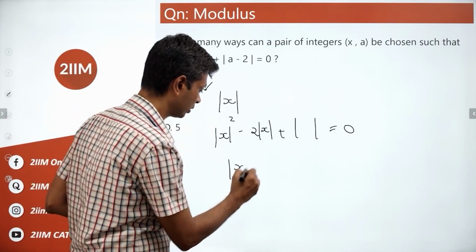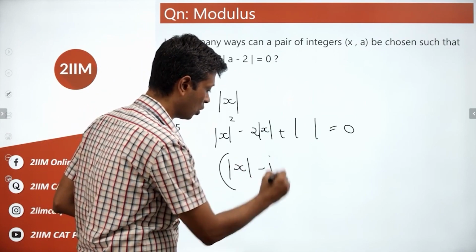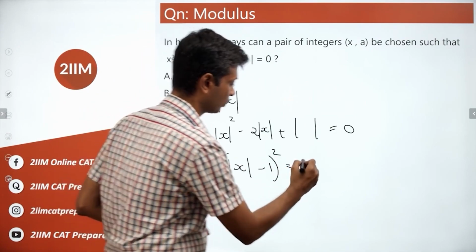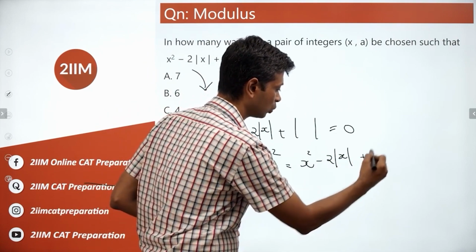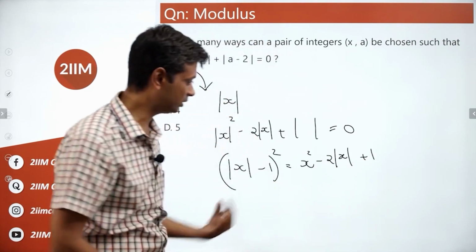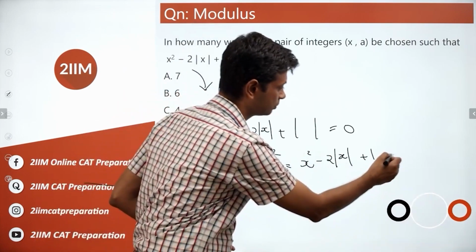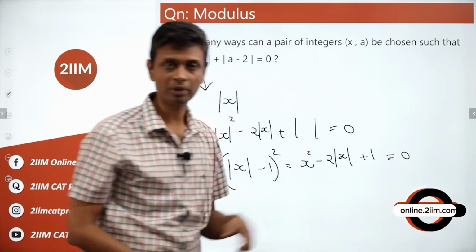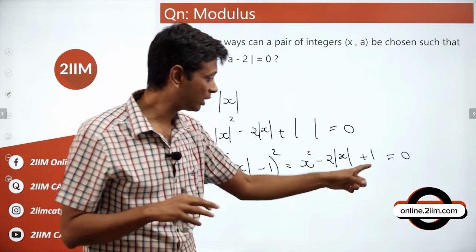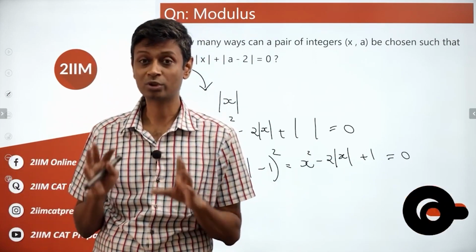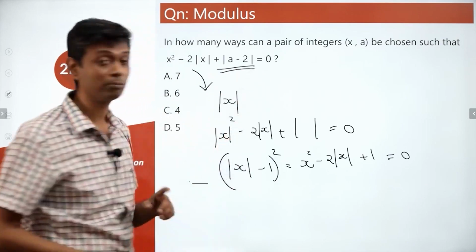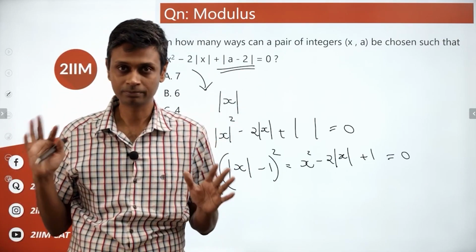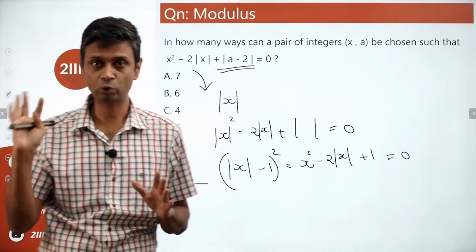So mod x minus 1 whole square is x square minus 2 mod x plus 1. This can be equal to 0 when mod x is equal to 1, but this number cannot be more than 1. So straight away we know that this constant term, if it were more than 1, we have no solution.